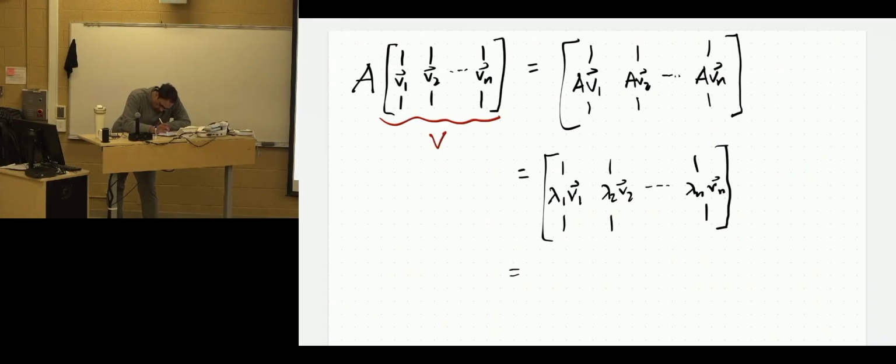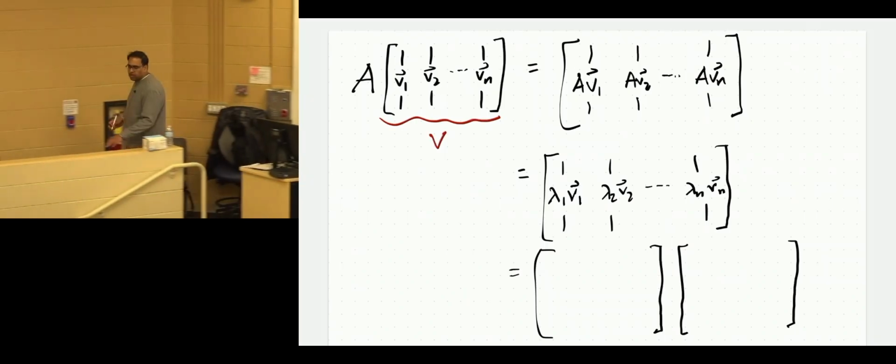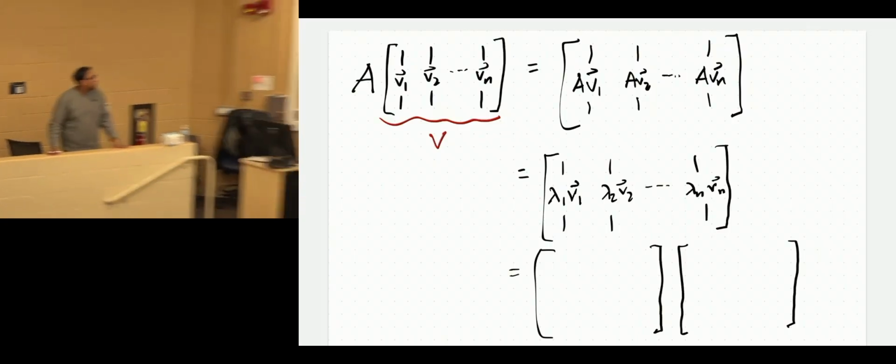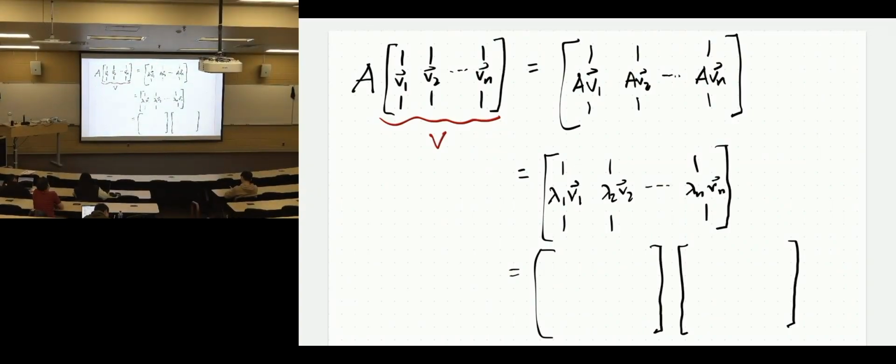Okay, here's where the big step comes in. Turns out I can rewrite this as the product of two other matrices. Take a moment and think about what those two other matrices would be.